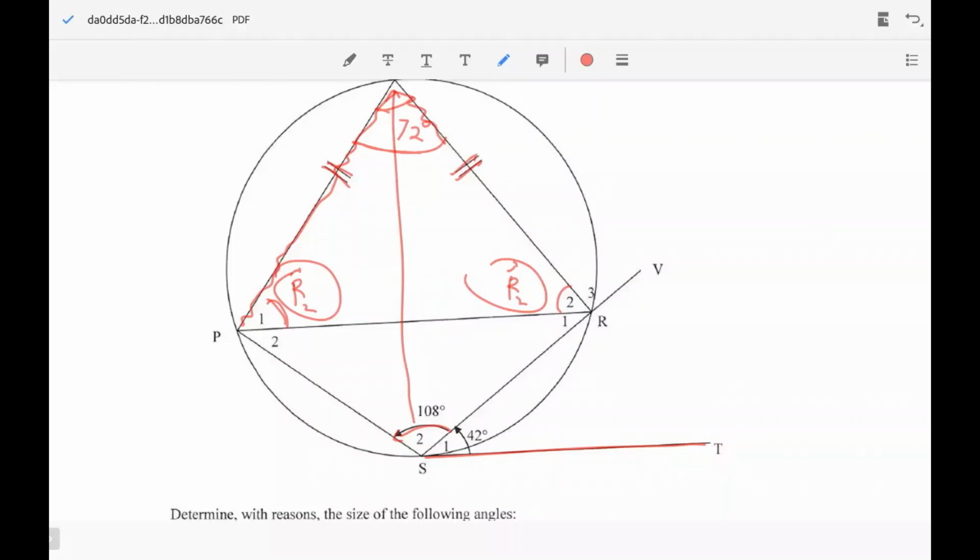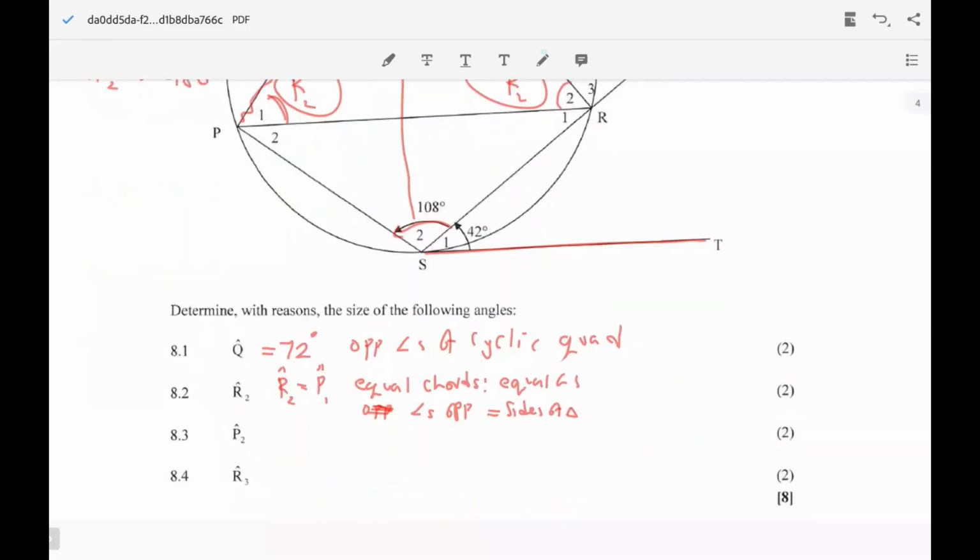So that means we shall have two R2s plus the 72 degrees equal to 180 degrees, and the reason here is sum of angles in a triangle.